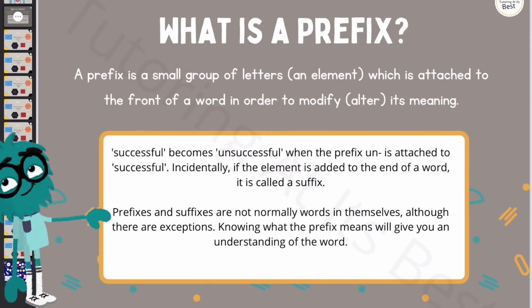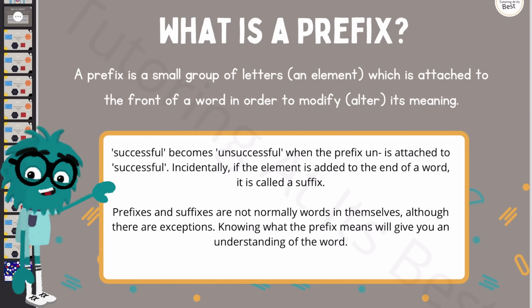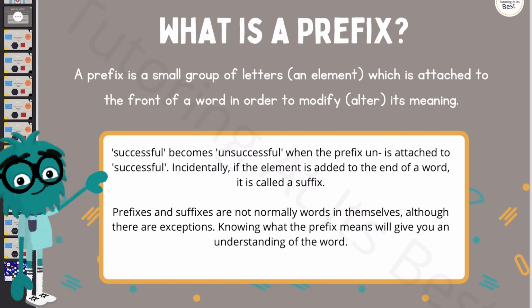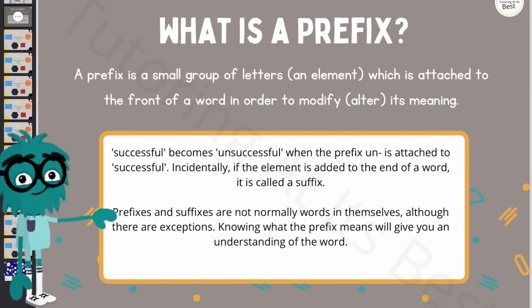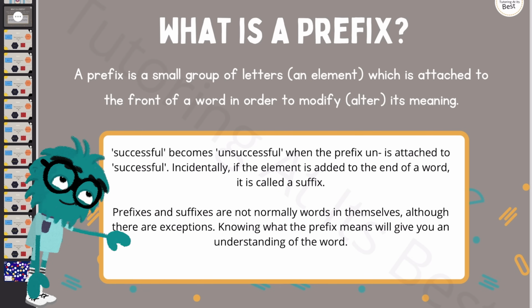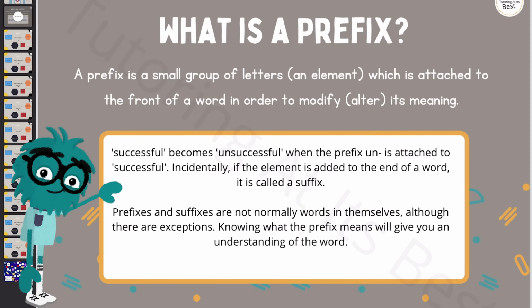Incidentally, if the element is added at the end of the word, it is called a suffix. So be sure to look out for that video on our playlist. Prefixes and suffixes are not normally words in themselves, although there are exceptions. So knowing what a prefix means will give you an understanding of the word for itself.